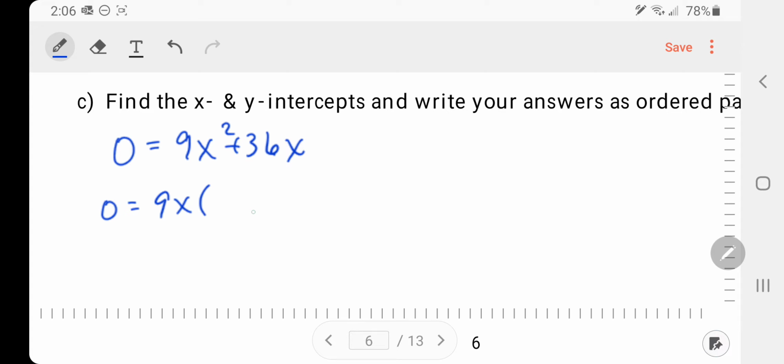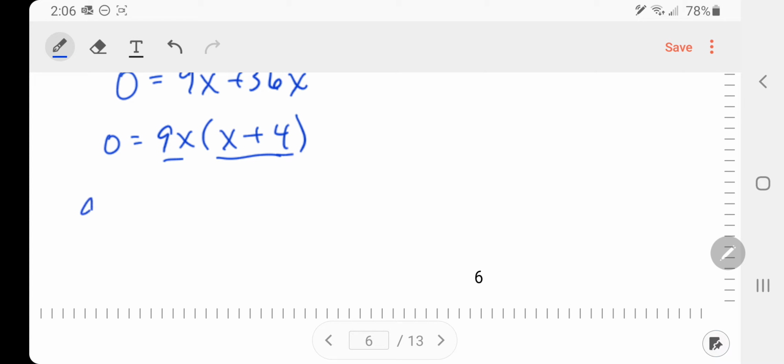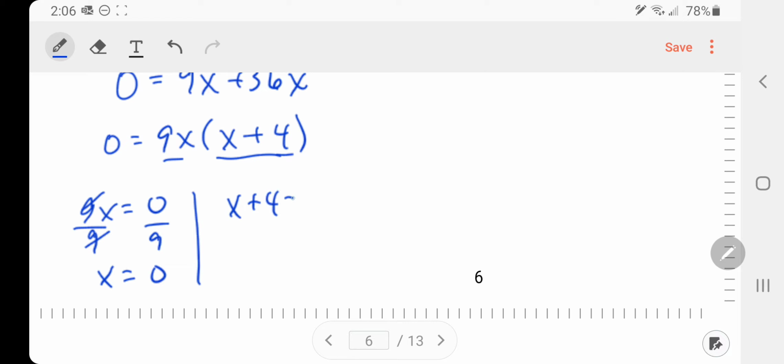We can factor out the 9x, which leaves an x plus 4. If I set each factor equal to 0 and solve, we get x equal to 0 and x plus 4 equal to 0, so x equals -4.